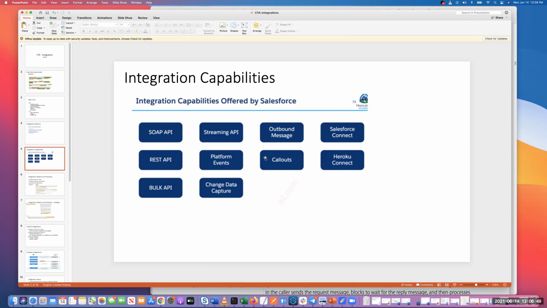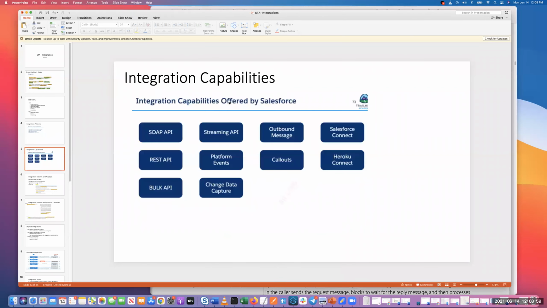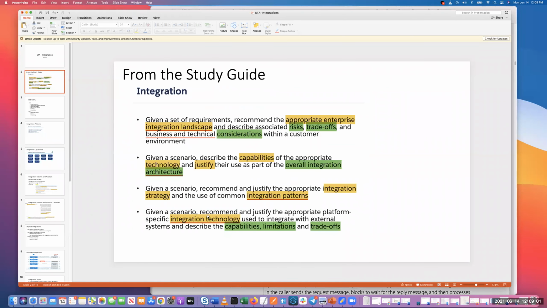I'll show what I did in my review board, but you have to highlight these two because the study guide clearly says you have to say the pattern and the technology. So technology is, I think, the same as capability. Maybe in your integration, you can use the same word. I use capability, but I think technology means the same thing. So these two things are very important that you highlight in each and every integration.